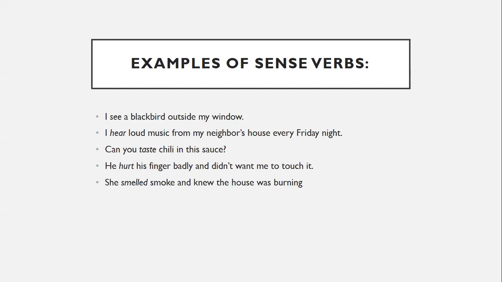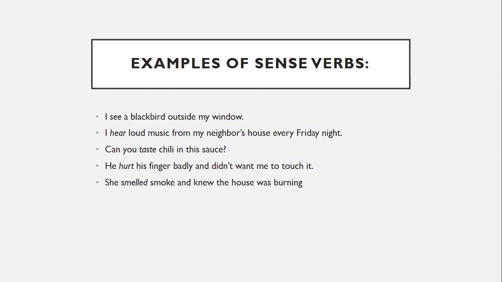I hear loud music from my neighbor's house every Friday night. Can you taste chili in the sauce? He hurt his fingers badly and didn't want me to touch it. And then we have, she smelled smoke and knew the house was burning.